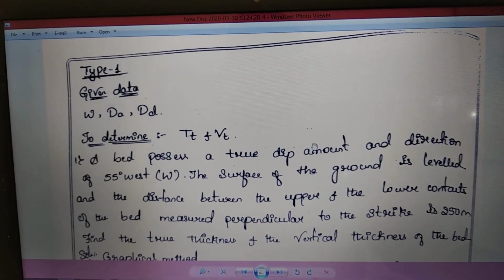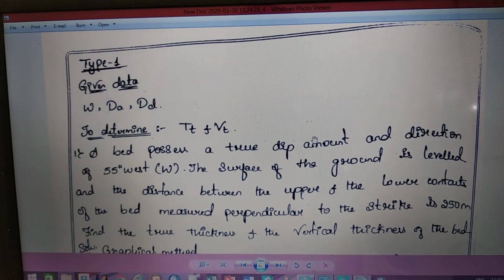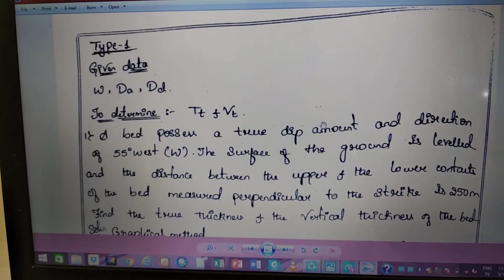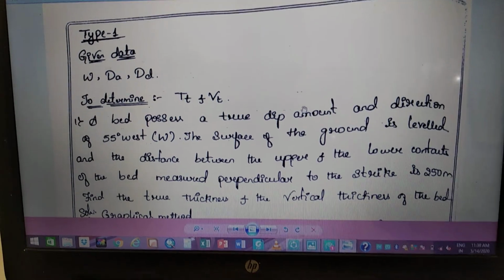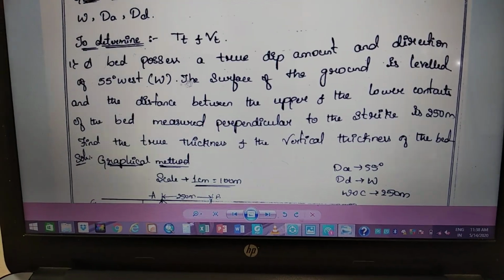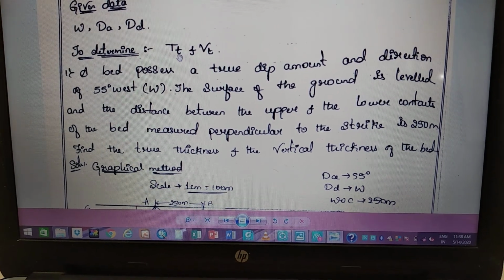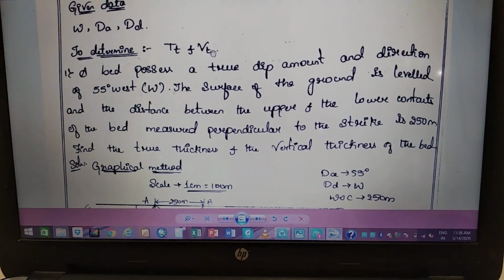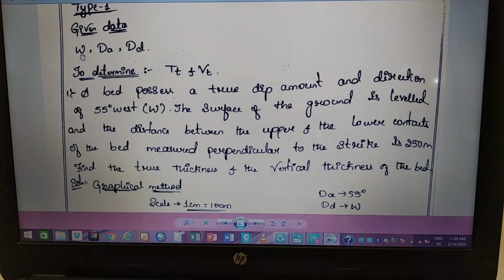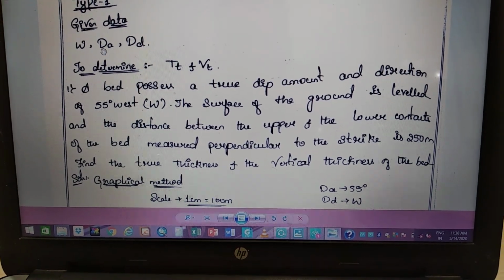In thickness problems, there are three types of problems. In type 1, you need to determine the true thickness and vertical thickness, and the given data will be W, the width of the outcrop, and the dip amount and dip direction.